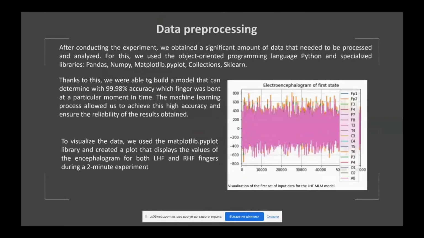Data processing. After the experiment, we obtained a significant amount of data that needed to be processed and analyzed.